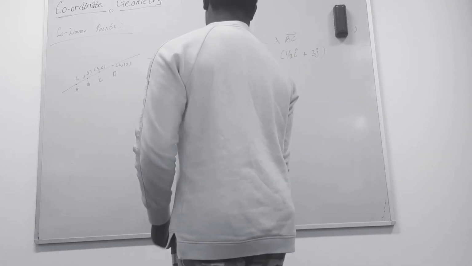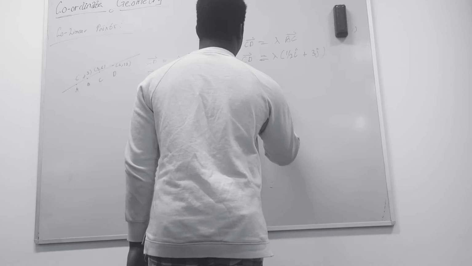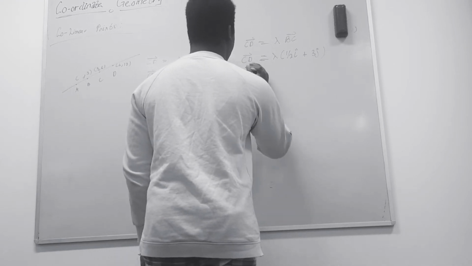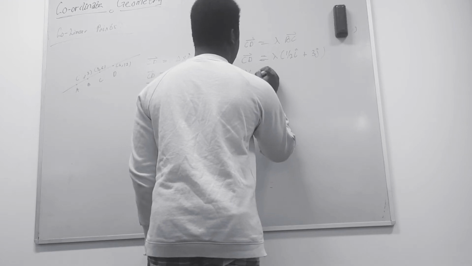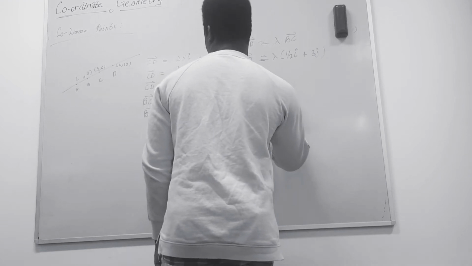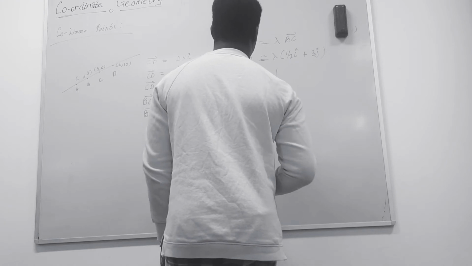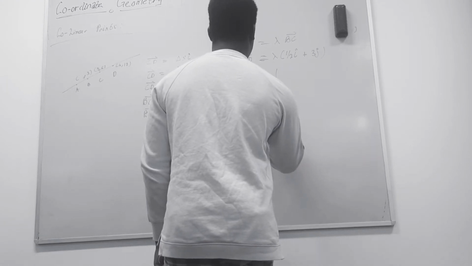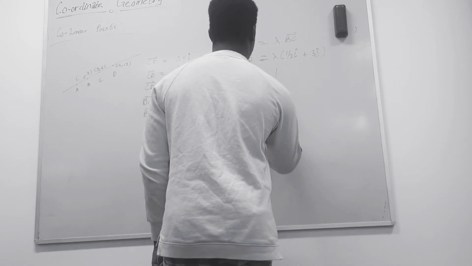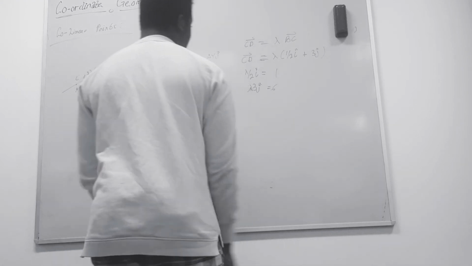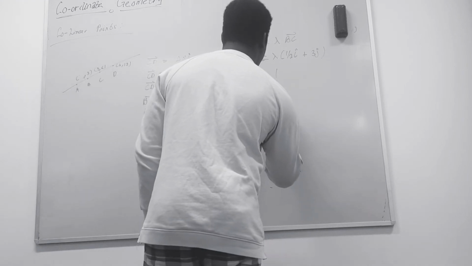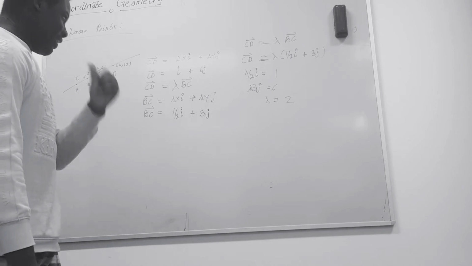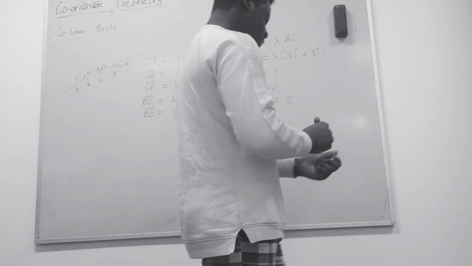What would this number be? Obviously, I want lambda divided by 2 times i to be equal to 1, and I want lambda times 3j to be equal to 6. You can already tell what lambda is going to be. Lambda is going to be 2. So in this case, the scalar multiple is 2.